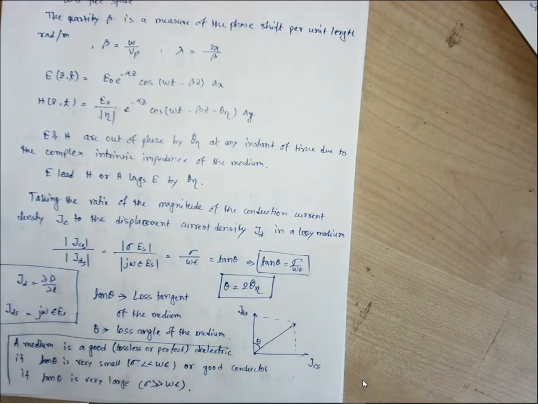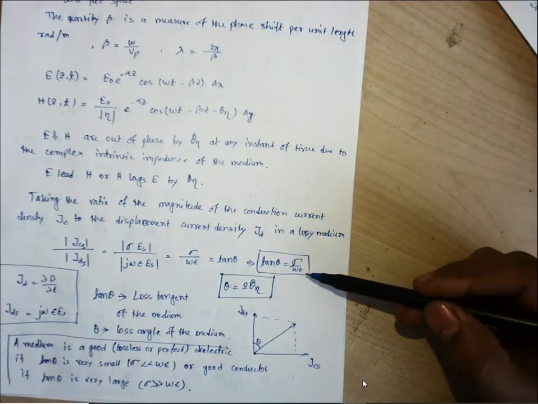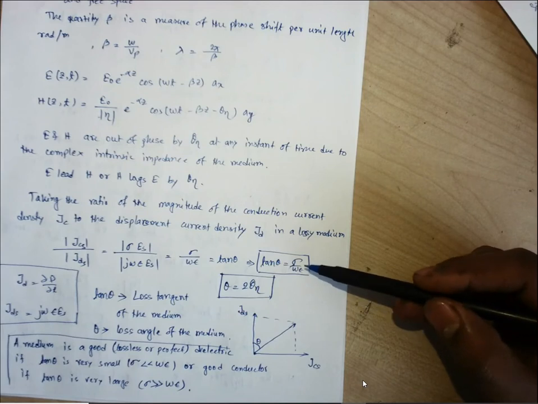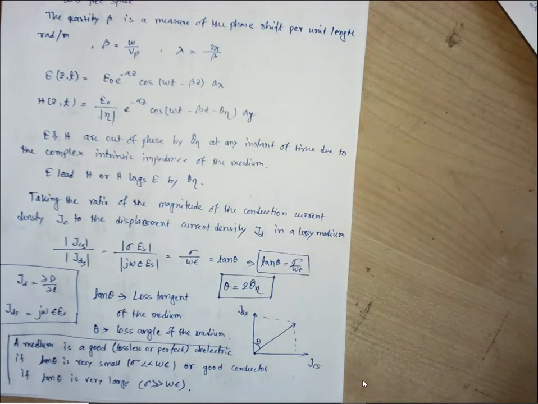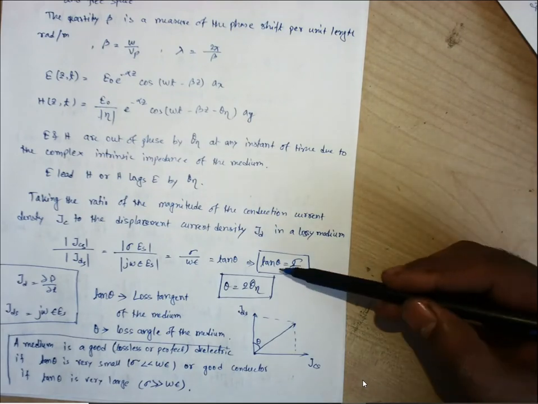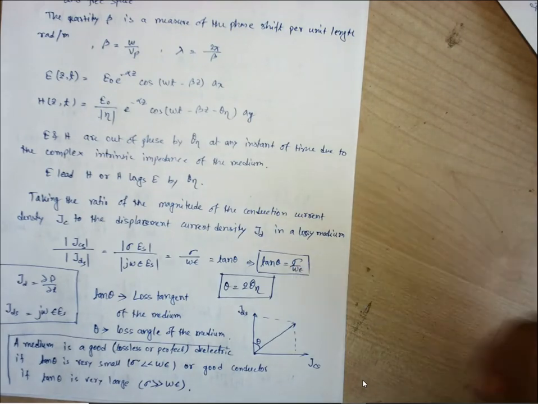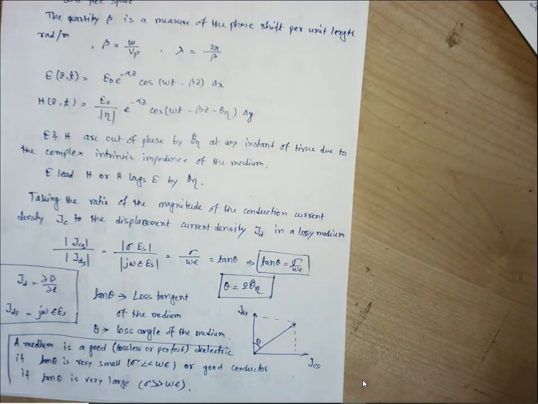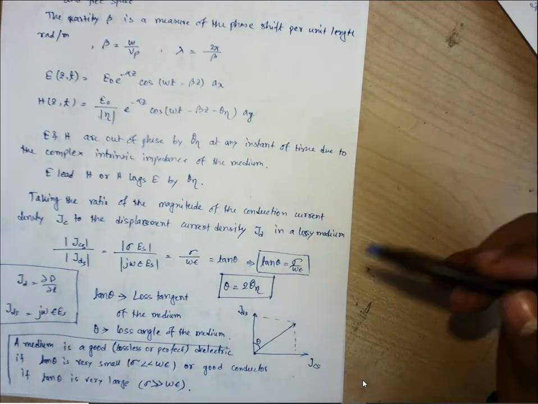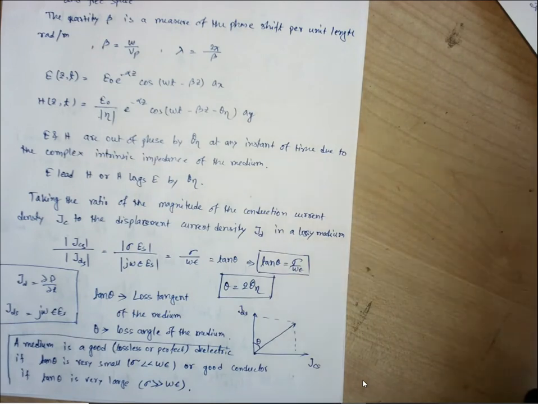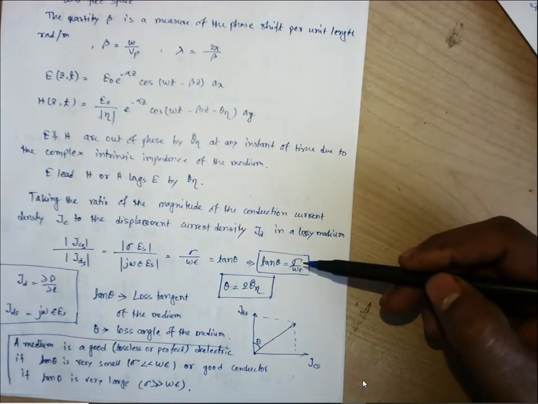Now for that medium, if we operate with higher frequency, if omega is increasing, tan theta will decrease. So for higher frequency the same medium will act as a good dielectric. For low frequency the medium acts as a good conductor. For higher frequency the medium acts as a good dielectric.